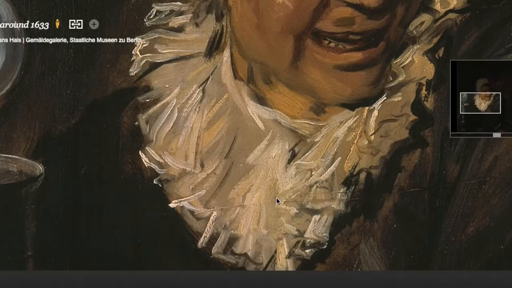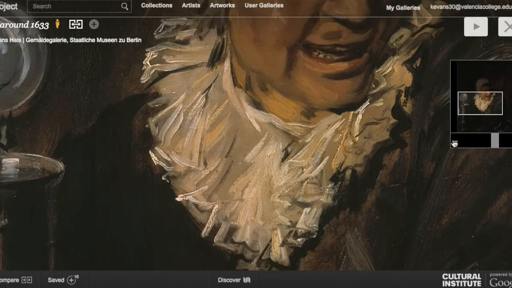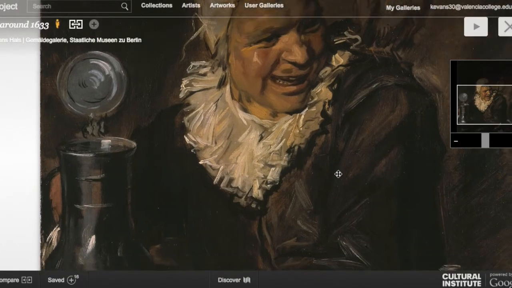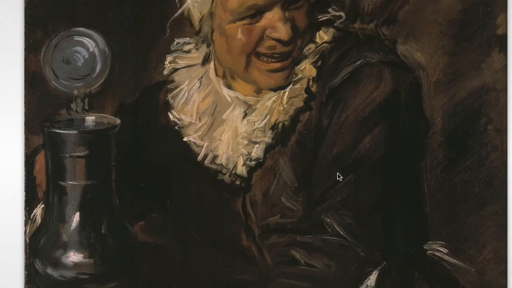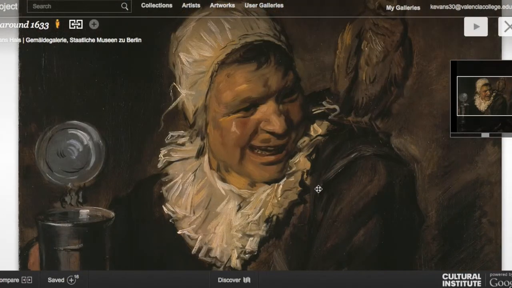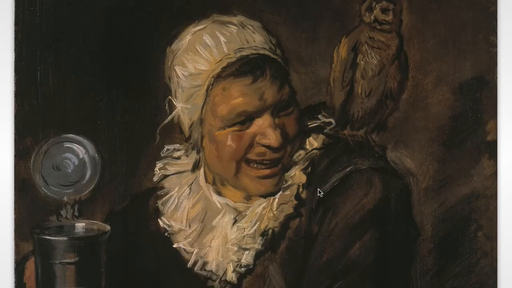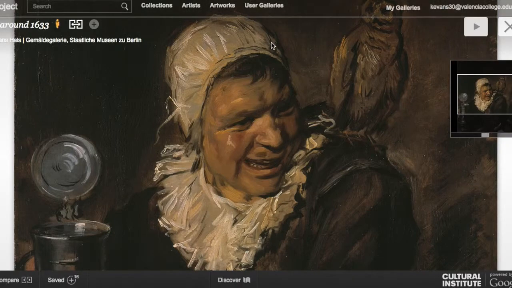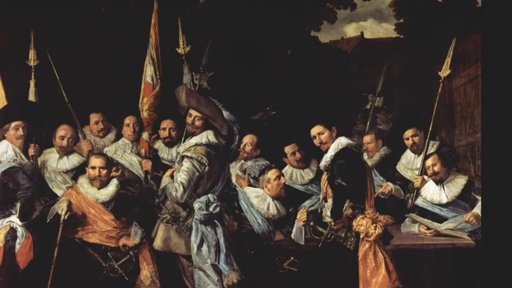One of the things with Frans Hals is he's really well known for doing this with hands, that the hands are almost just slap-dashed together, kind of like Malle's face here, where you can really see every single stroke and he doesn't fill in the whole hand. But he was very, very popular, and people loved his paintings and wanted his paintings. Now the other thing that we see during this time period are group portraitures, the type of group portraiture that you might see for a Board of Trustees.